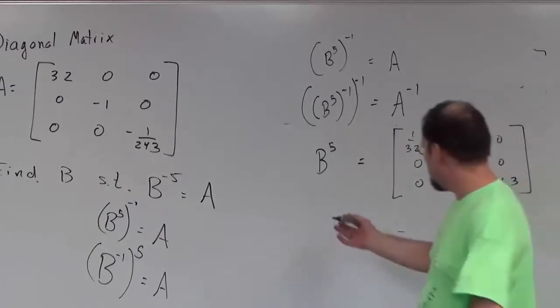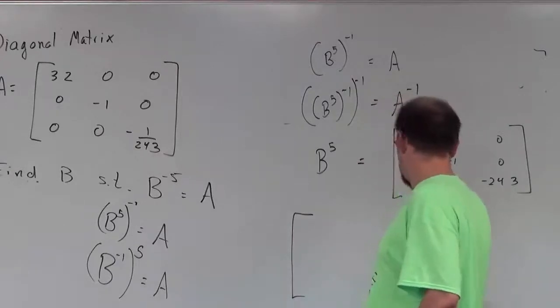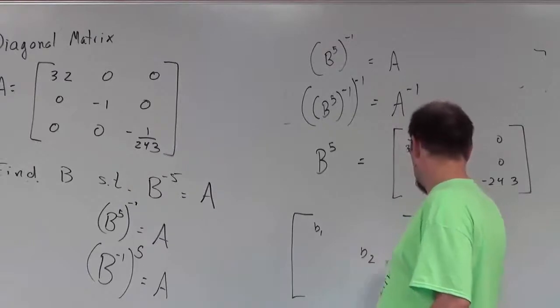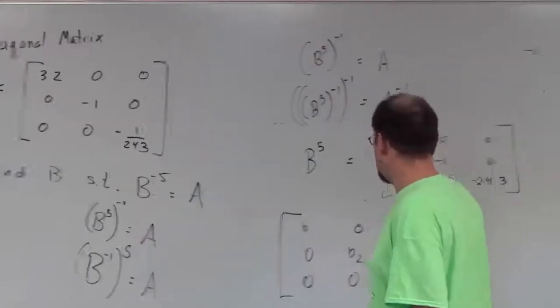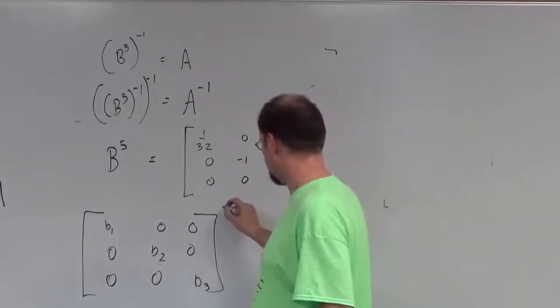So now we can imagine that B can be diagonal, correct? So we would have B1, B2, B3, and zeros everywhere else. Is it possible that I could find a non-diagonal matrix? I don't think so.